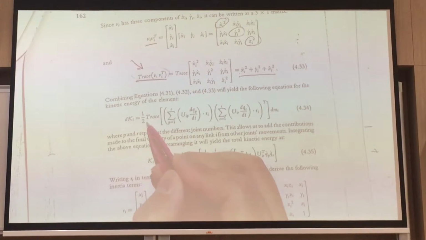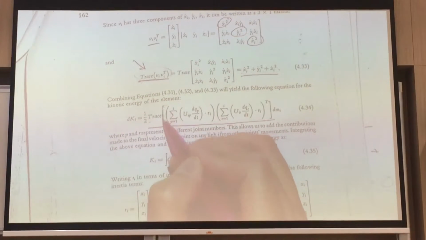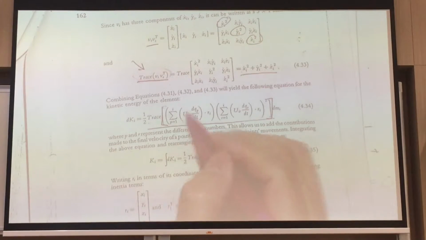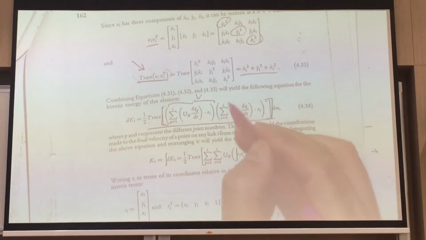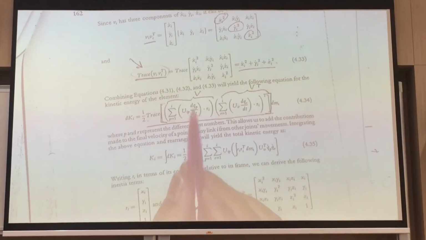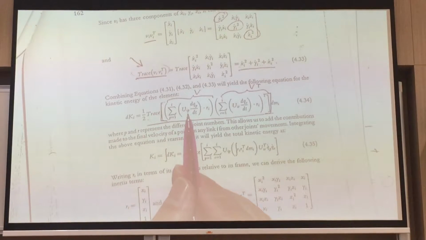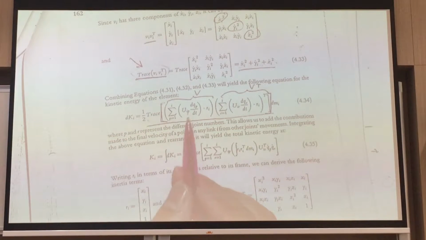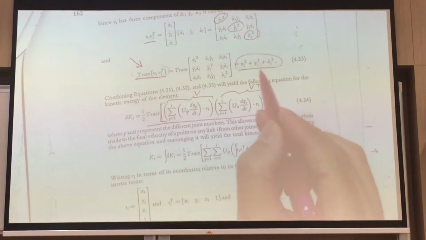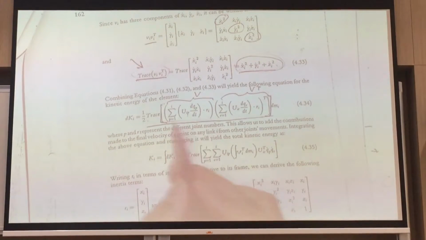That's why you start to see a trace with a big bracket term here, from here to here. This trace is the trace of v multiplied by v transpose. And why do we get v expressed as this? This is given from the previous page, where we mentioned the sum of this is equal to this.